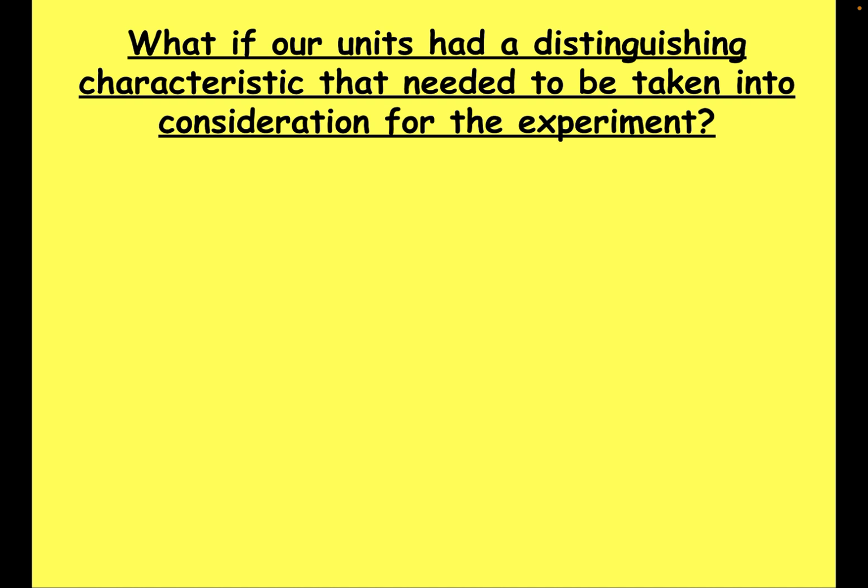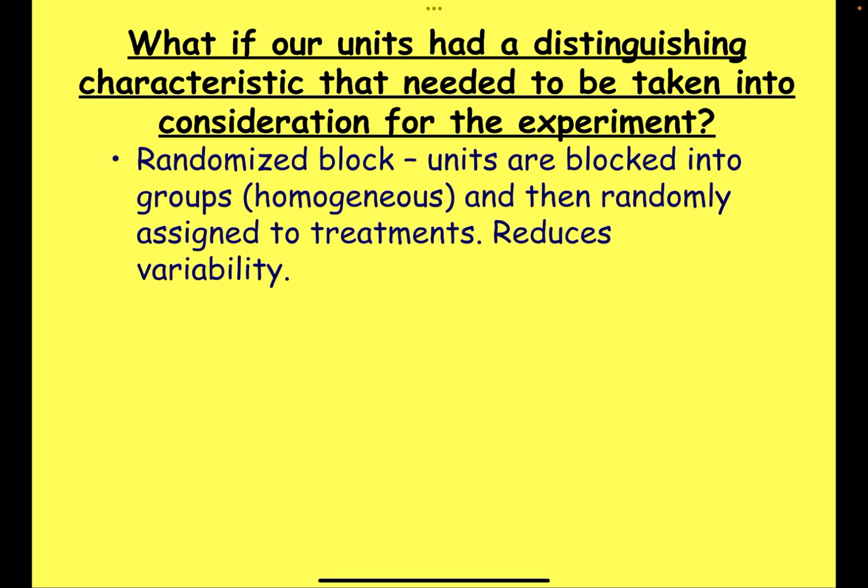So very similarly to what we call the stratified random sample for surveys, we have in experiments what we call a randomized block design. Units are blocked into groups. They should be homogeneous, just like strata. But remember, this is an experiment, so we don't call it strata. And then we're randomly assigning them to the treatments.